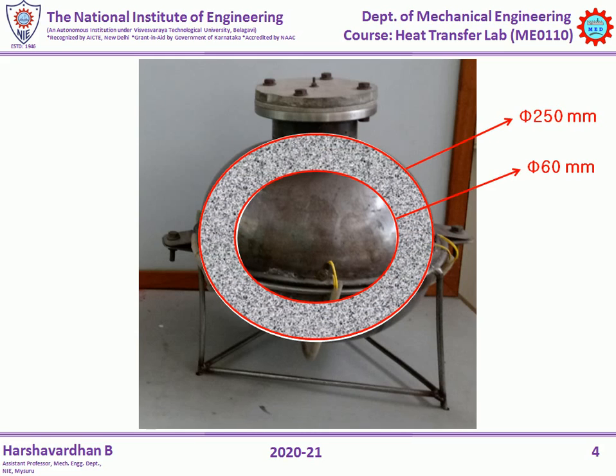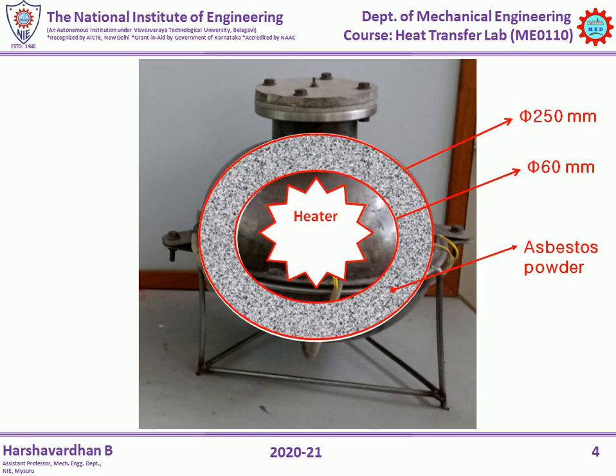The gap between these two spheres, which are made of steel, is filled with asbestos powder. And the inner surface of the inner sphere will be brought in contact with the electrical heater.